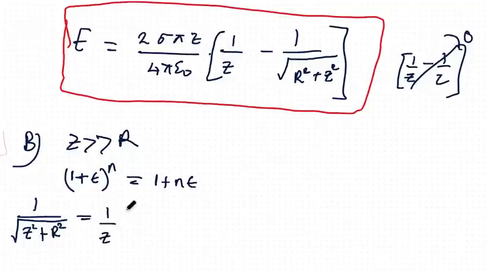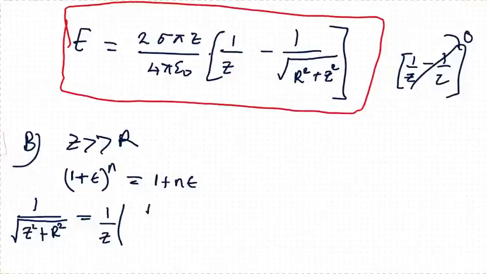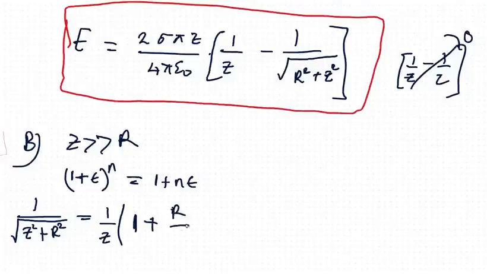If I bring out my z, I'll have 1 plus (r divided by z) squared, all to the power half.